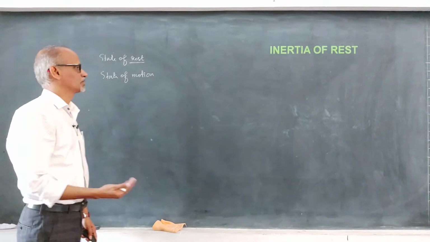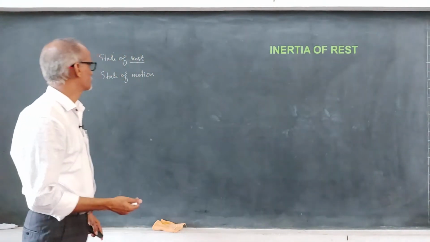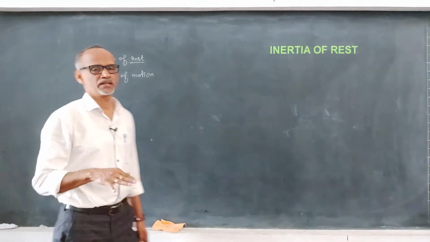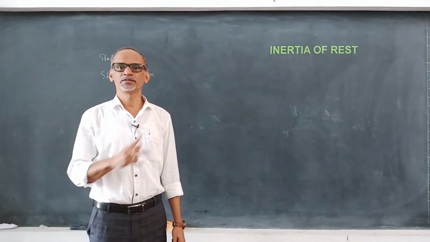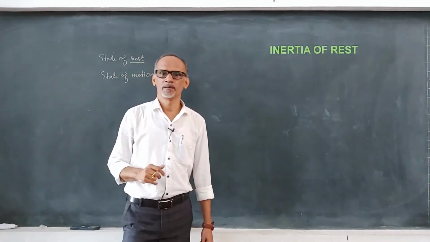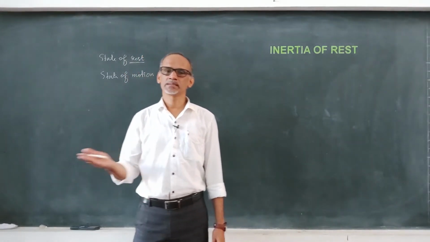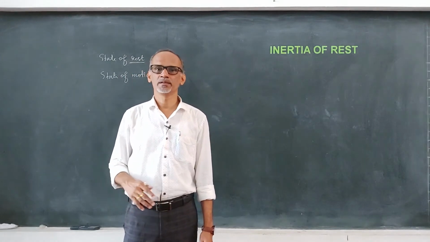If there is a change in position with respect to time and the surrounding, then it is called state of motion. Now, the ability of a body to remain in the state of rest is called inertia of rest. A body continues to remain in the state of rest unless an external force acts on it. Till then it remains in the same state. That is called inertia of rest.